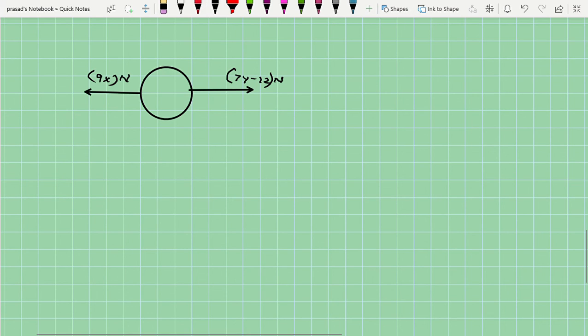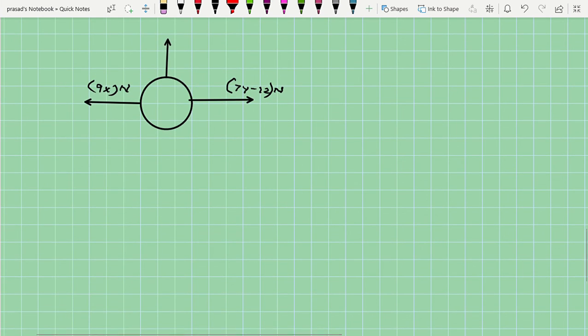In the vertically upward direction, a force of 20x Newton is acting.